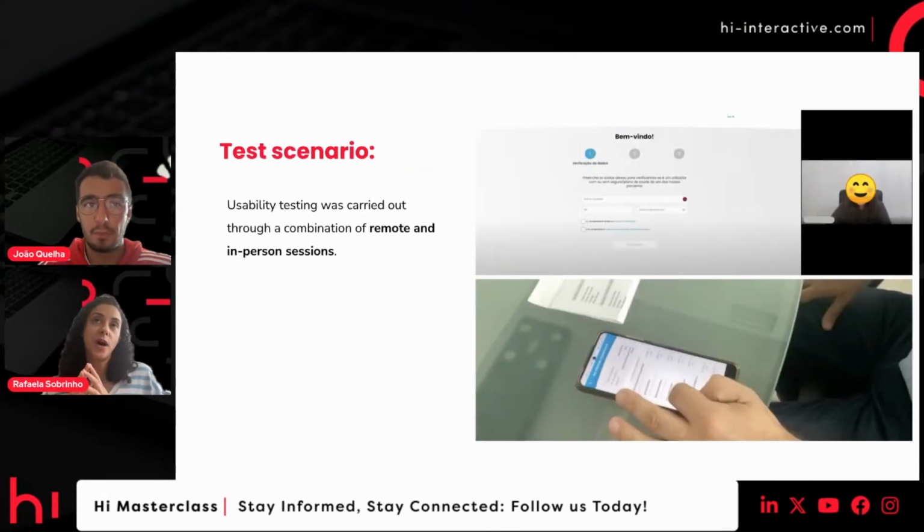The scenario was remote and in person. We did both because we had some users that are seniors, and as you can imagine, it was difficult for them to share their screens, and that part of technology can be difficult, so we chose to do it in person.